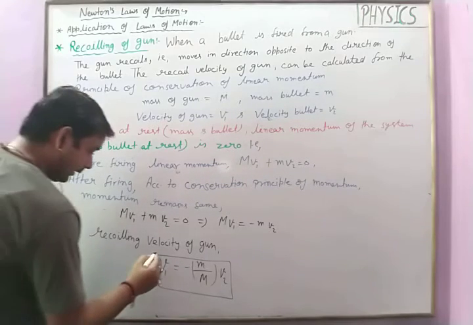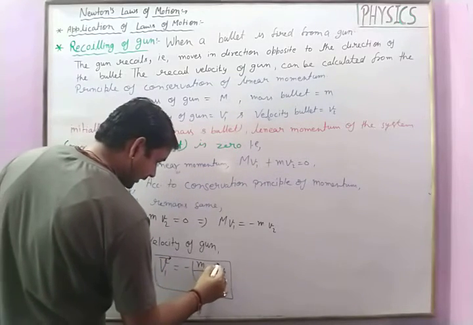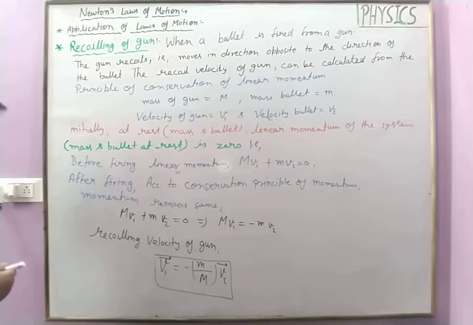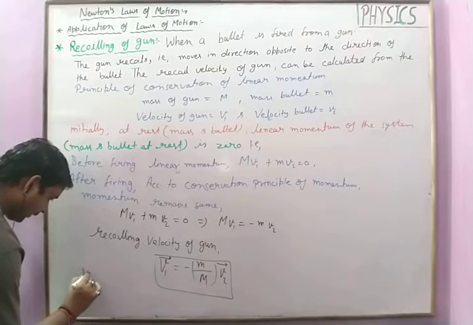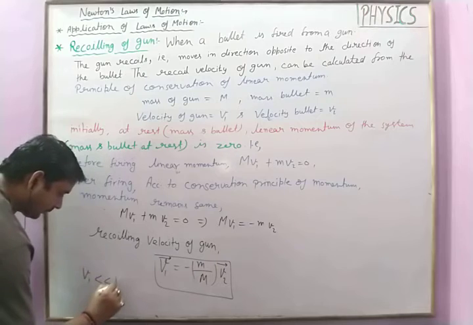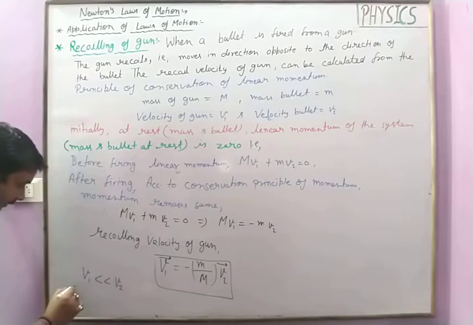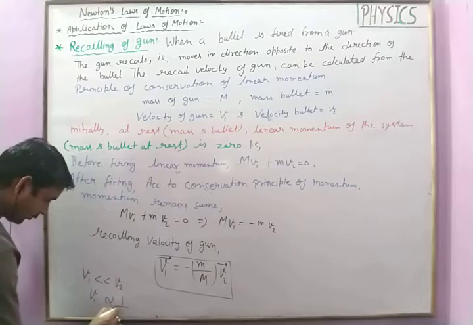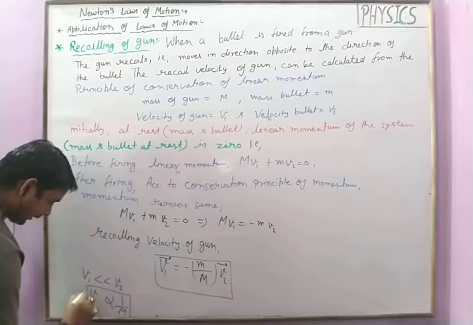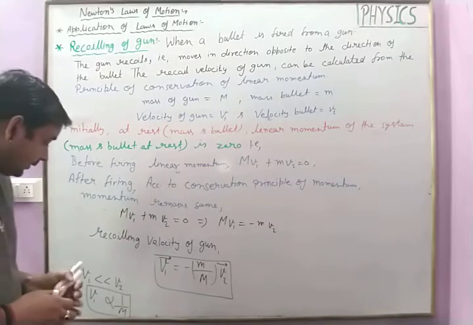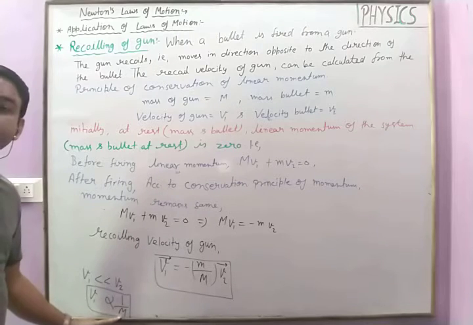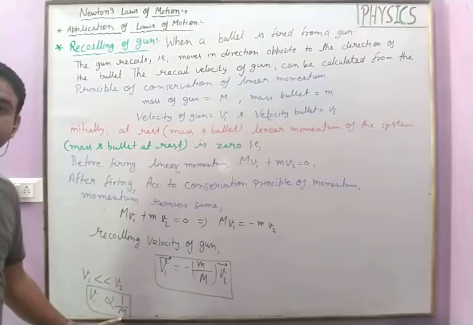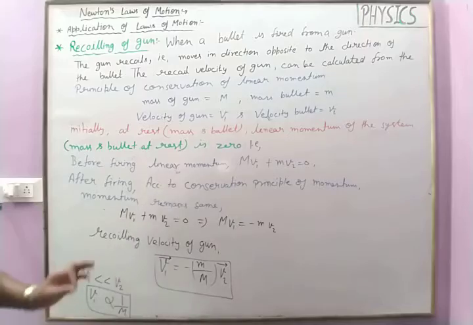Okay, where velocity is a vector. Because v1 is very much smaller than v2, from the equation v1 is inversely proportional to M, that is, if the mass of the gun is smaller, the velocity is larger, and if the mass of the gun is larger, the velocity is smaller.